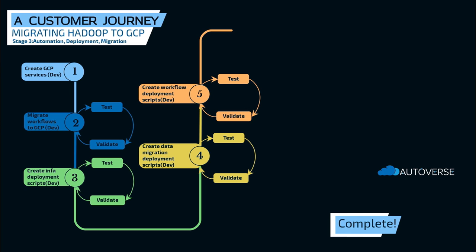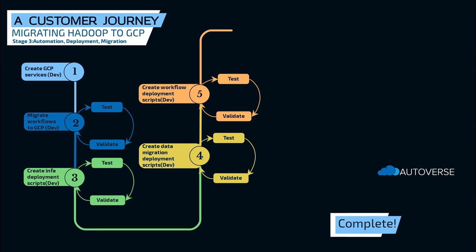Step 5 is about creating workflow deployment scripts. So this includes starting up Dataproc clusters, running workflows, and shutting things down. It includes automating all of the workflows and processes that need to be done. So not just the automation of having these processes be done, but the deployment within the environment.